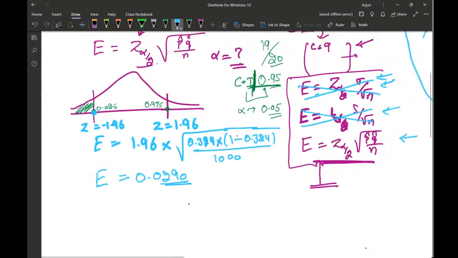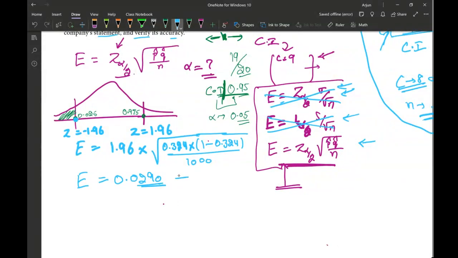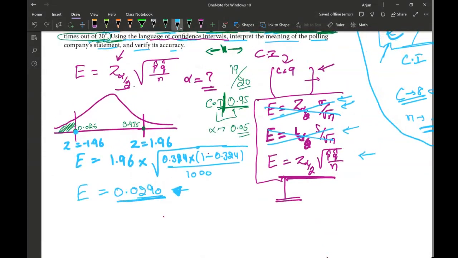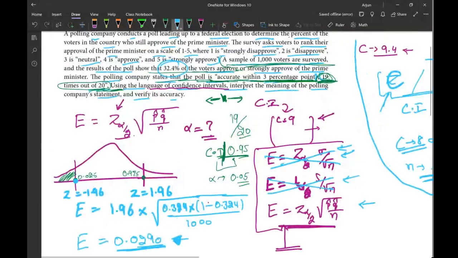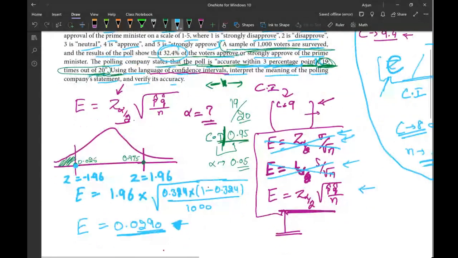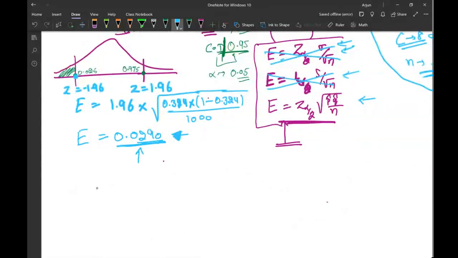So for the margin of error, we got for a 95% confidence interval, the margin of error value came out to be 0.0290. Is it within the 3 percentage? So if I multiply this number with 100, E equal to 0.0290 multiplied by 100, that comes out to be 2.9%.